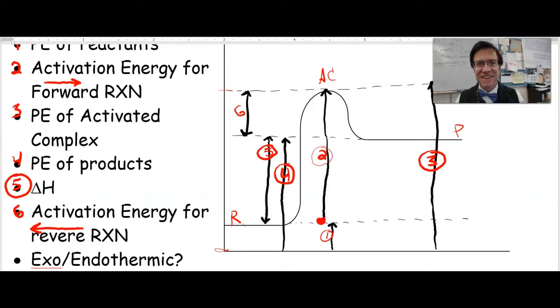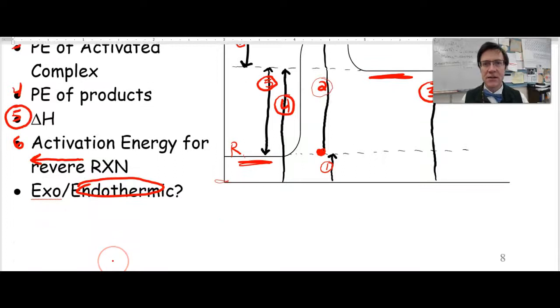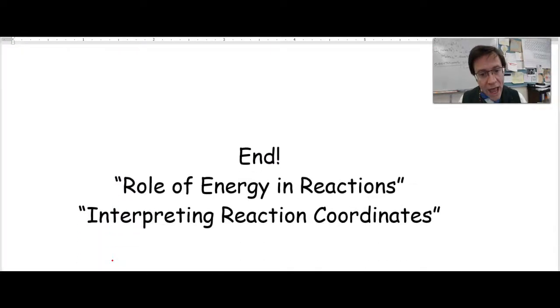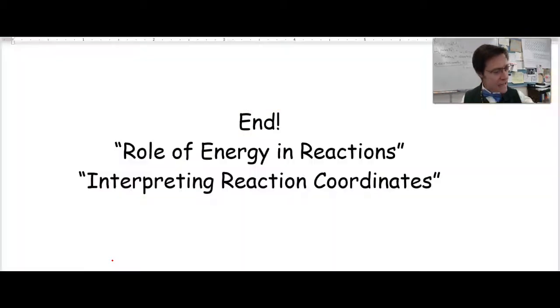Nice. So exothermic or endothermic? We're starting here. And we're ending way up here. That is so endothermic. That's as endothermic as you can possibly get. That is crazy. Wait, no way. No way.